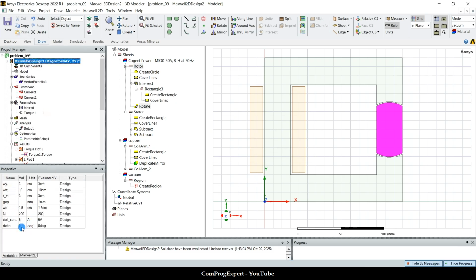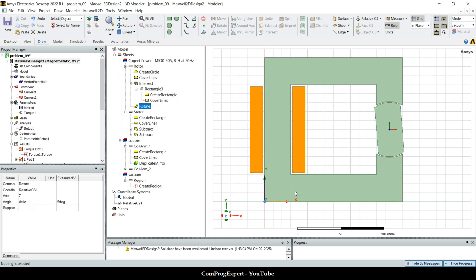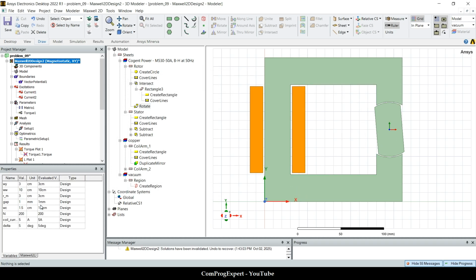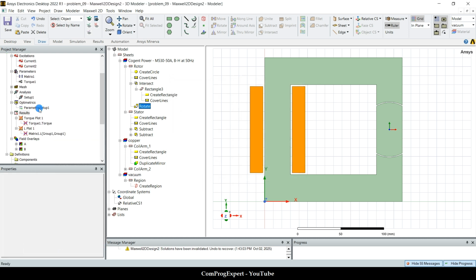In this case, if I set delta equal to 5, okay, this is wrong. We should select the relative coordinate system 1. Now this is correct. So delta equal to 50, 90. Yes, now we have correct rotation. So again, let's clean up the solutions and run this parametric analysis.